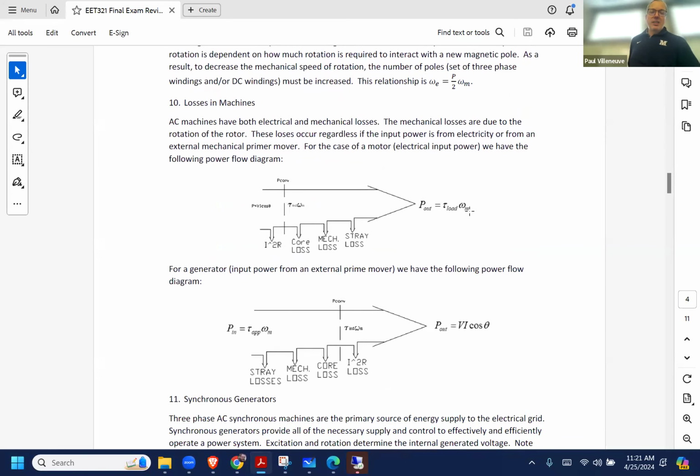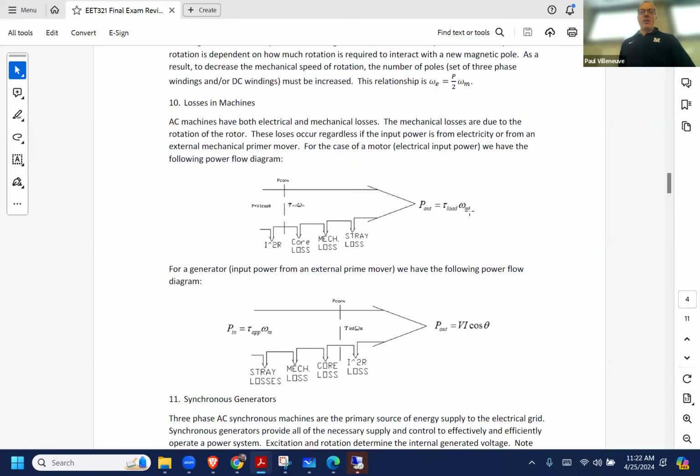And then we look at losses in a machine. Because it's a machine, we have a motor or a generator. Power can flow in either direction in AC machines. So on the top case, we know it's a mechanical power out because it's indicated as a load. Or you can also look at it and see that the input power is electrical power. So electrical power in, mechanical power out means that's for a motor. And then we start dropping losses.